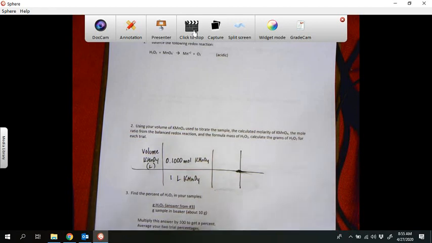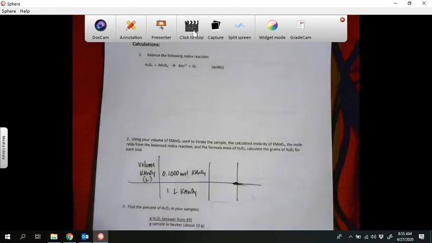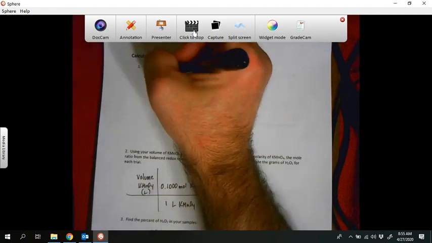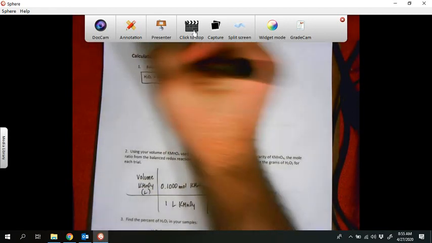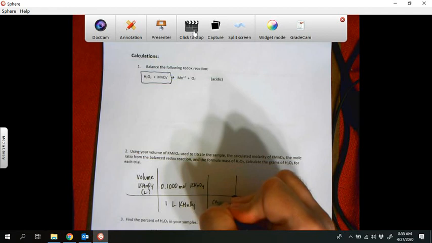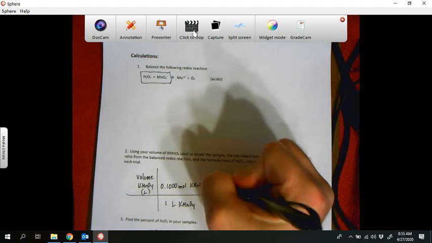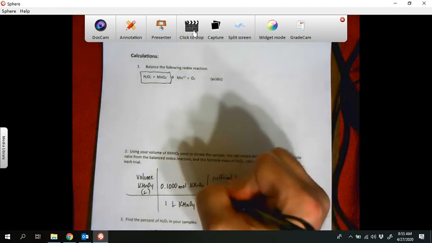The next thing we are going to do is use our two coefficients from our balanced redox reaction. So these are the two that we're going to be using. So we're going to use the coefficient for the MnO4 minus and the coefficient of the H2O2.